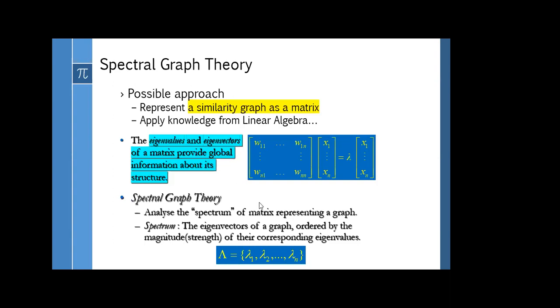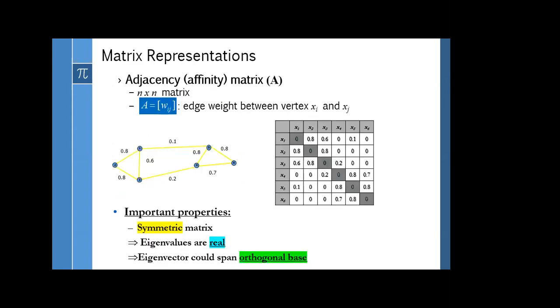So the idea is, first, use the idea of spectral graph theory. We can analyze the spectrum of a matrix represented by a graph. Again, we constructed a graph from this data, from the relational database. We calculate the eigenvectors and eigenvalues. First step: first idea, use simply the matrix of weights.